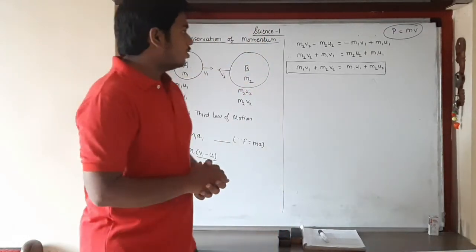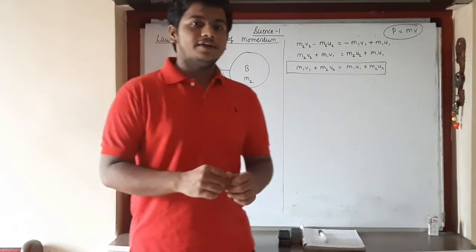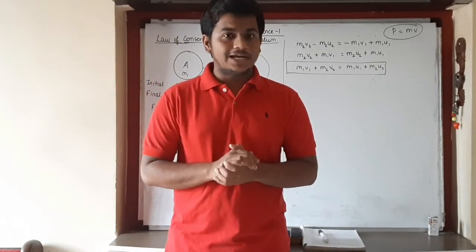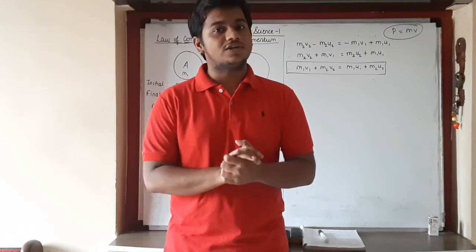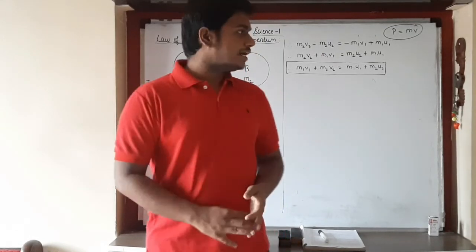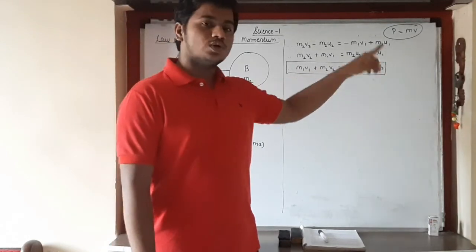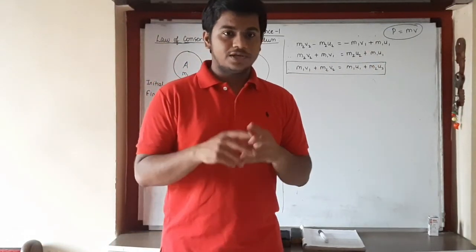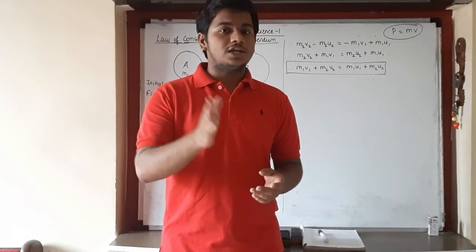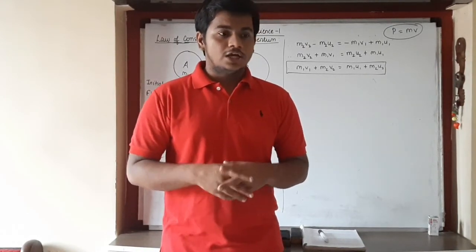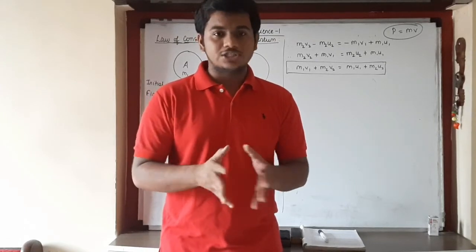So therefore from this we get a proof for the law of conservation of momentum. Now there are various statements for the law of conservation of momentum. First statement is, the total initial momentum is equal to the total final momentum of an object. Second, if no external force is acting on two interacting objects, the momentum between them remains constant.